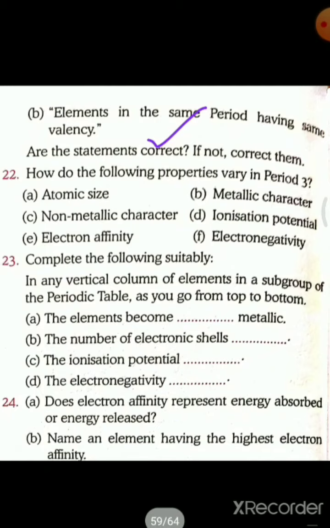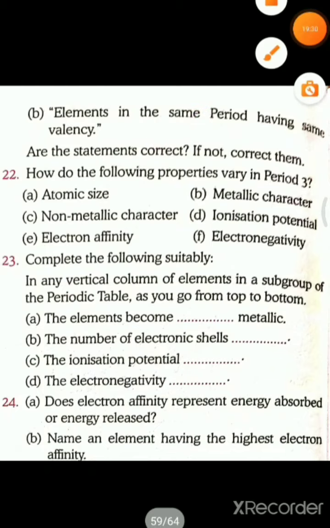Then the number of electron shells also increases in each step. Ionization potential decreases while moving from top to bottom. Electronegativity also decreases while moving from top to bottom. Then 23 is finished.